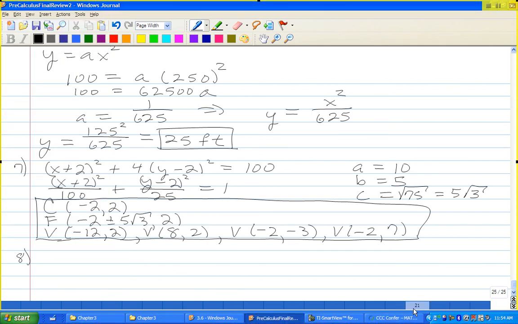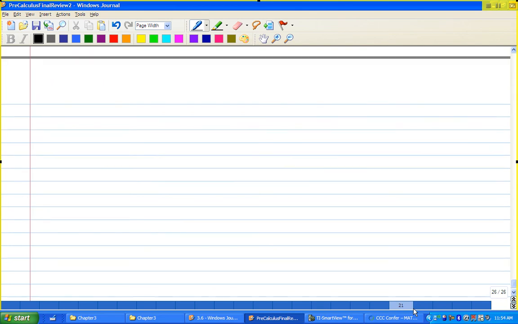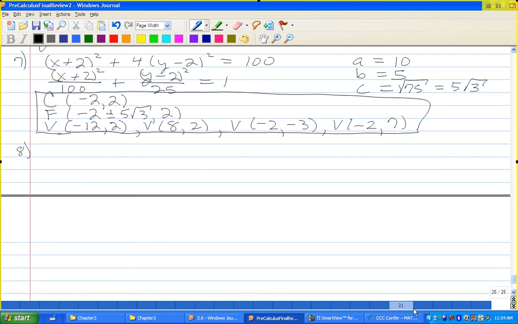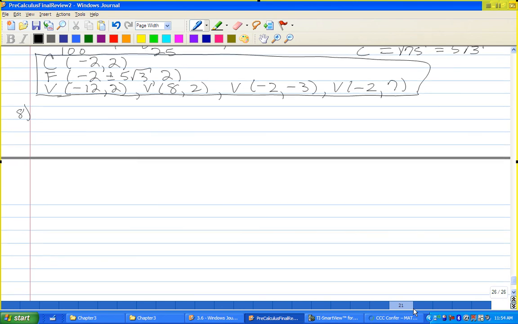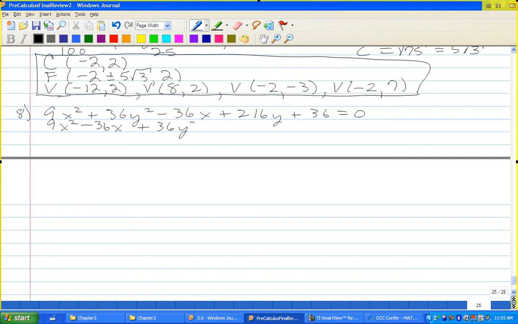Problem number 8. Find the center, foci, and vertices. So same question. 9x squared plus 36y squared minus 36x plus 216y equals negative 36.